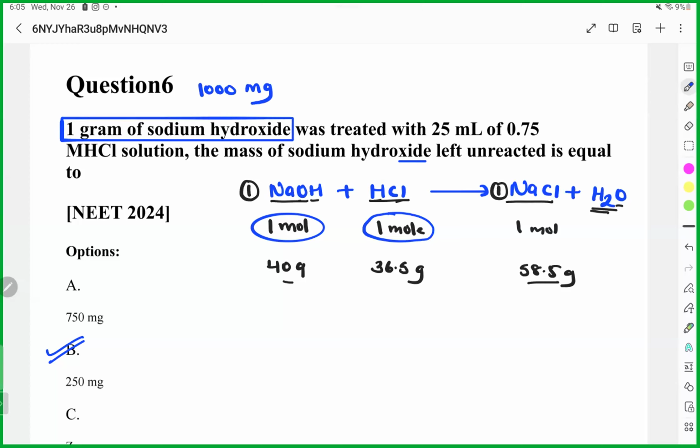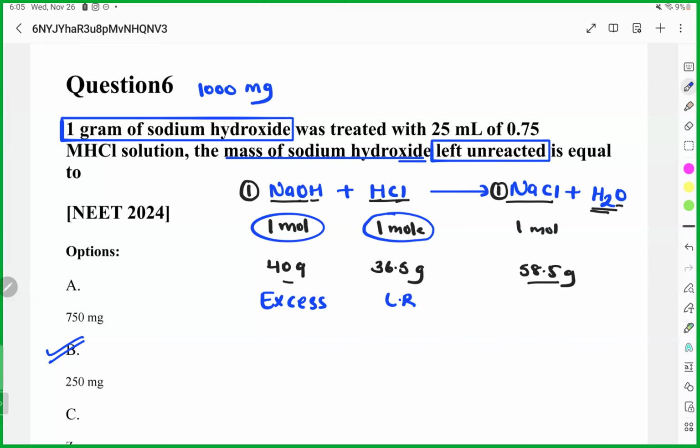It is saying the mass of the NaOH left unreacted. It means NaOH is present in excess and HCl is present as the limiting reagent. Understand? It is asking how much remains unreacted for NaOH.